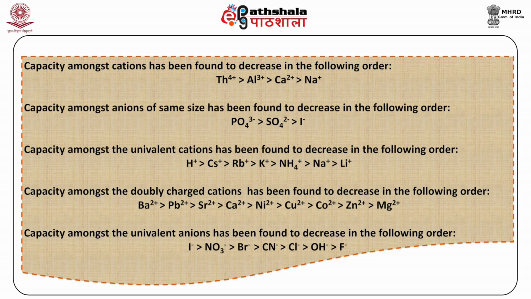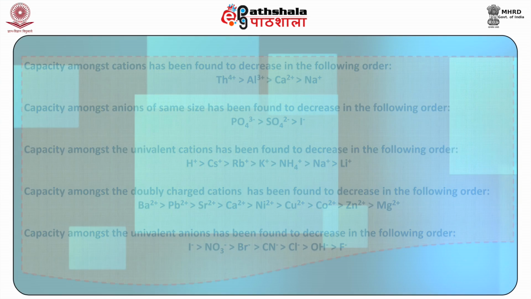Thus, amongst the univalent cations, the capacity has been found to decrease in the given order. Amongst the double charged cations, the capacity has been found to decrease in the order from barium to magnesium. Amongst the univalent anions, the capacity has been found to decrease in the order where the iodide is maximum, followed by nitrate, bromide, cyanide, chloride, hydroxyl and the fluoride ions.